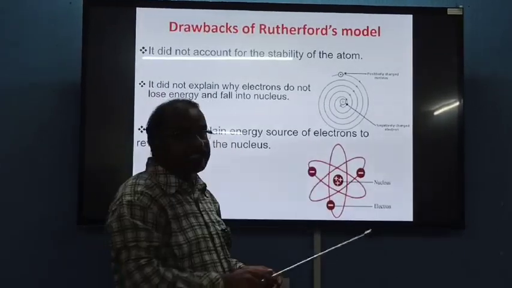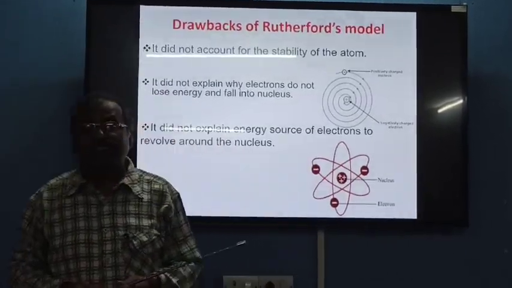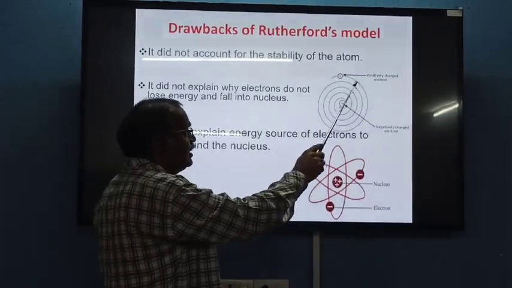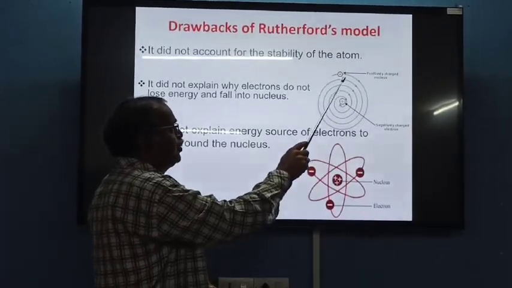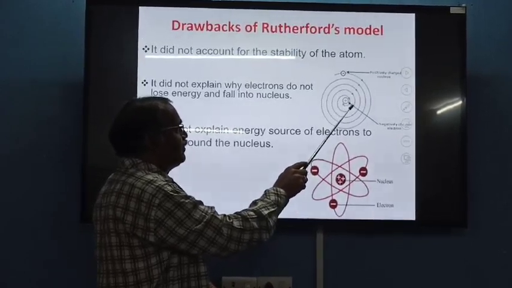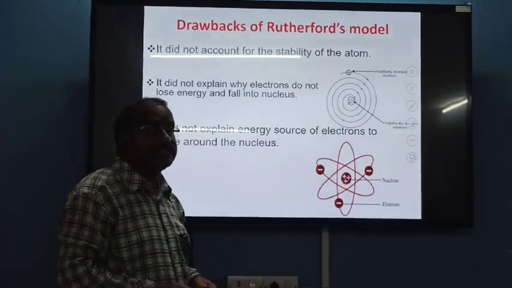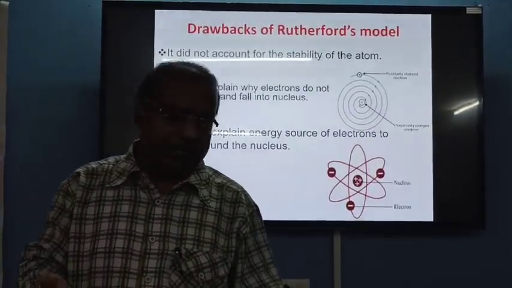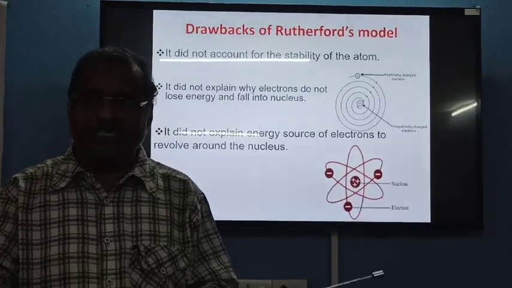Generally when charged particles are revolving, they will get accelerated and their path will sink, a spiral shape will form. Slowly the path will sink. At a particular stage, it may fall into the nucleus and that atom should be destroyed. But it is not happening. Atoms are present. We have our various substances.